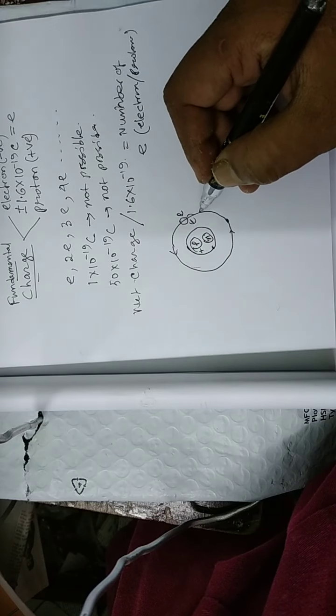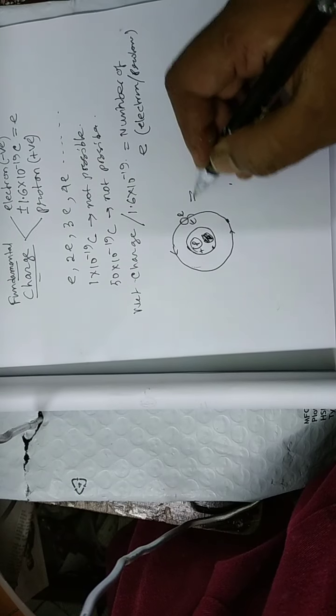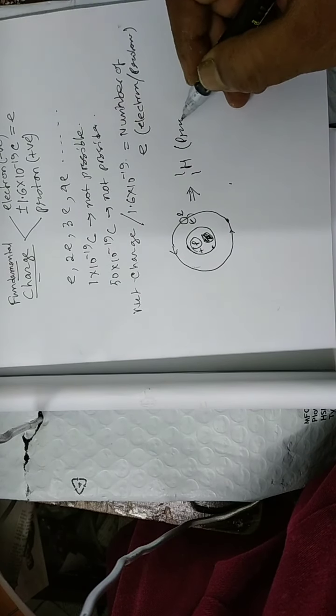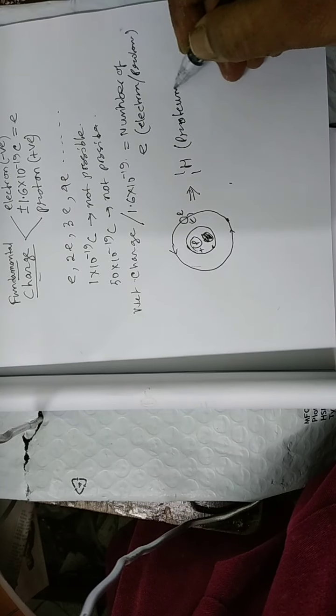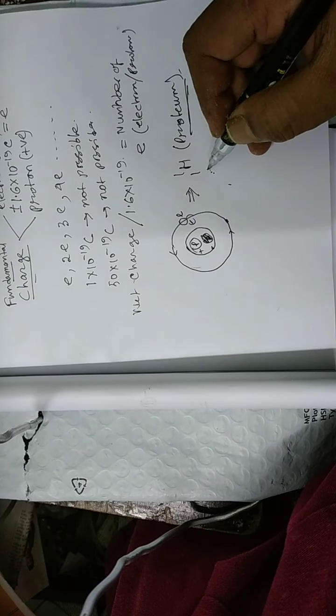Suppose one proton and one electron means 1H1. This is known as protium. The protium is the smallest or lowest atom.